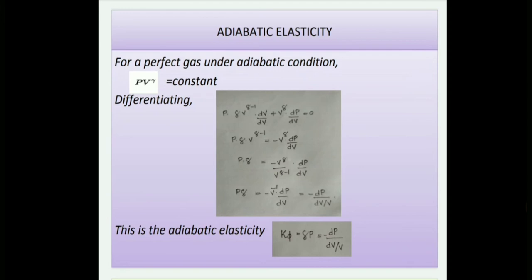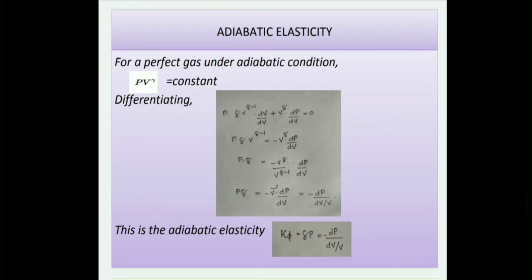That is, P into gamma into V raised to gamma minus 1 is equal to minus V raised to gamma into dP divided by dV. Taking V raised to gamma minus 1 to the right hand side, we get P into gamma is equal to minus V raised to gamma divided by V raised to gamma minus 1 into dP divided by dV.